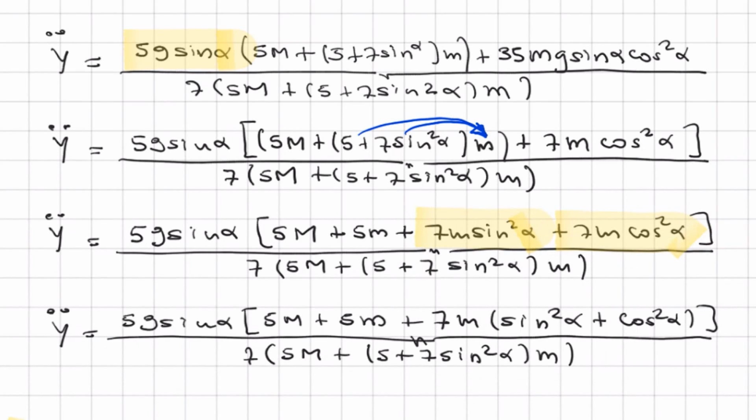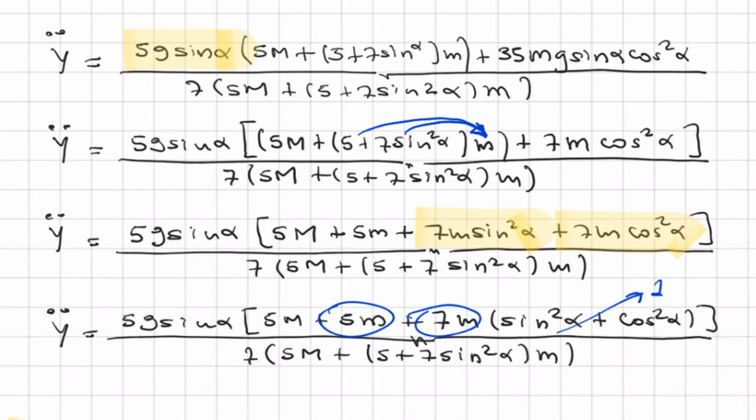And we already know that, okay, we know that that is 1. Sine squared of alpha plus cosine squared of alpha is equal to 1. And because this is equal to 1, after that I will do the 5m plus 7m, and that is going to be equal to 12m.